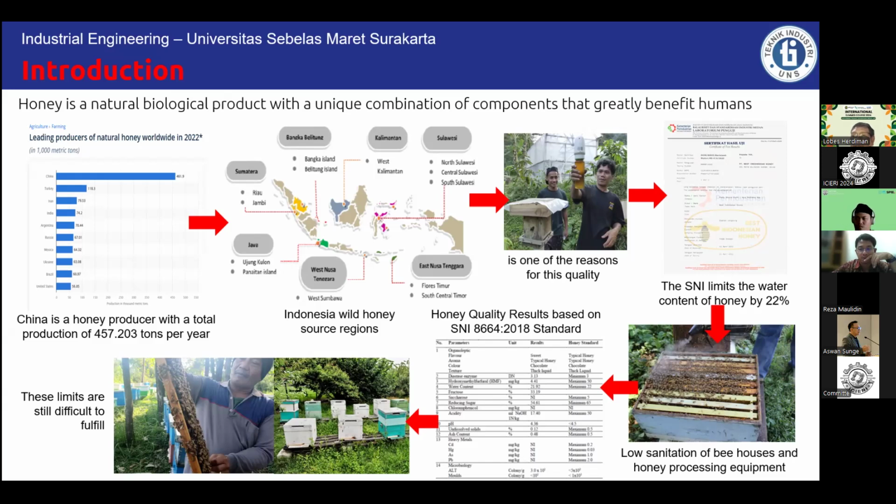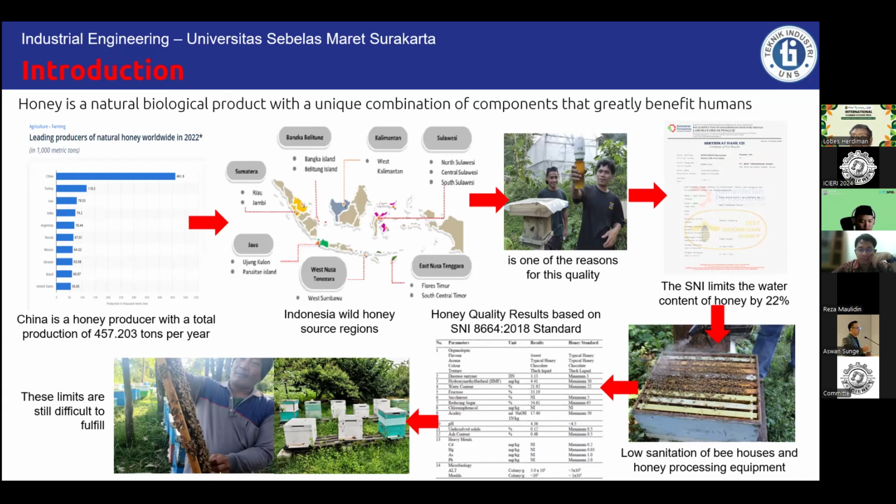Poor sanitation in houses and honey processing equipment can potentially cause bacterial and fungal contamination, reducing the quality of honey.